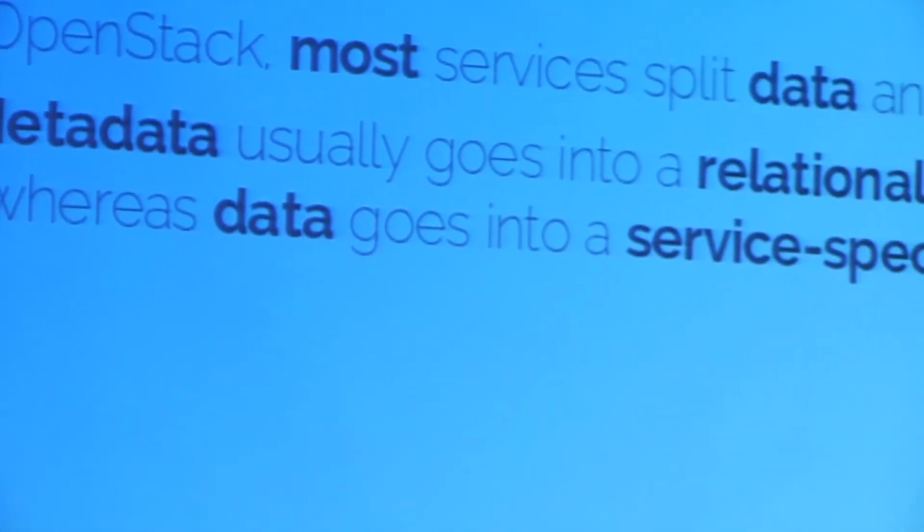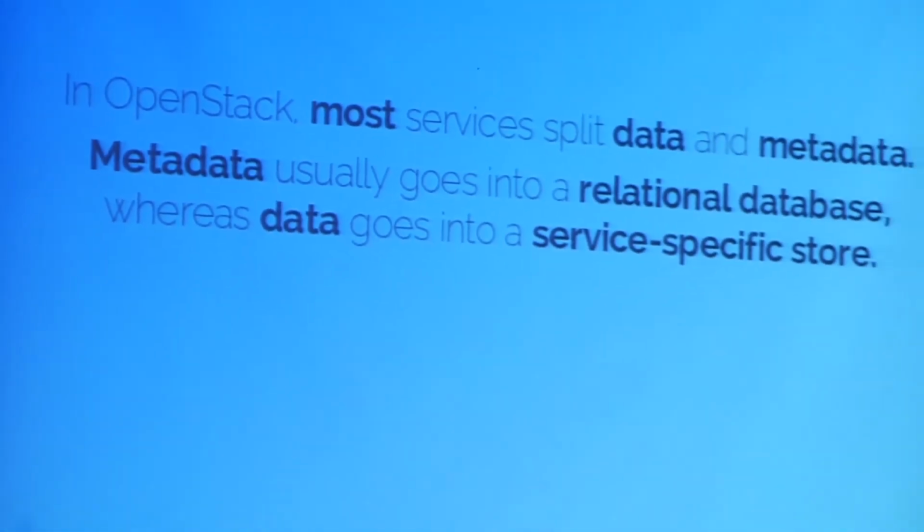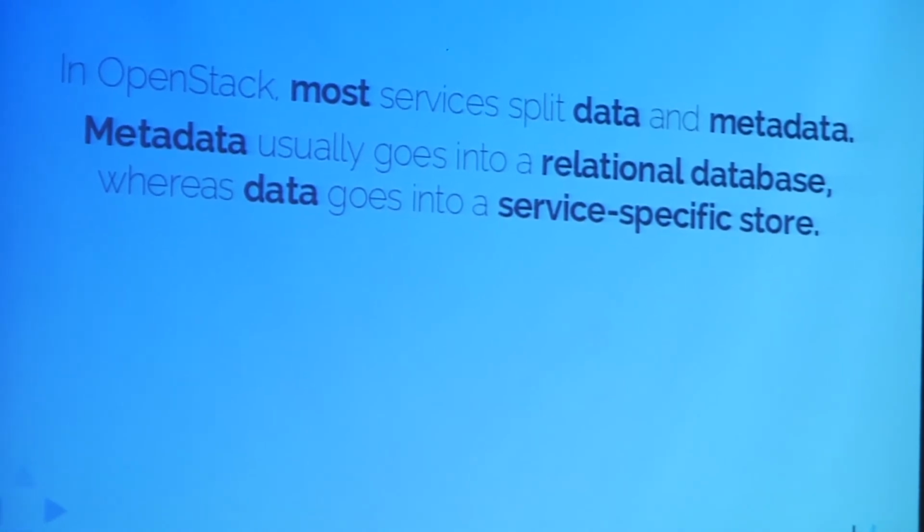Whereas the actual data that a specific service manages is, guess what, service specific, so it only makes sense to put it in a service specific store, whether that's block storage or stuff to manage a network or whatever, or an image that goes into a service specific store.